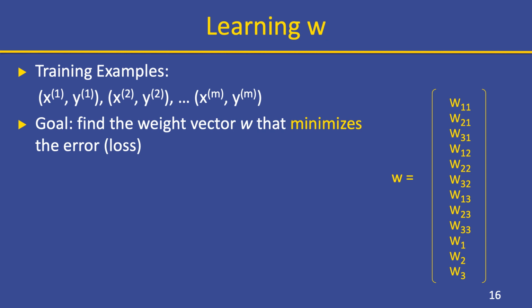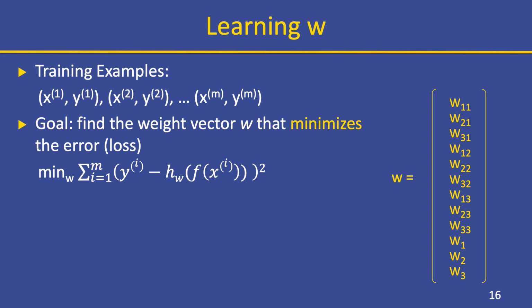Our goal is to find the weight vector that minimizes our error. So for each example, xi, the error is the difference between the training label, yi, and our prediction. This is the output from our two-layer perceptron. We called it hw of f of xi.